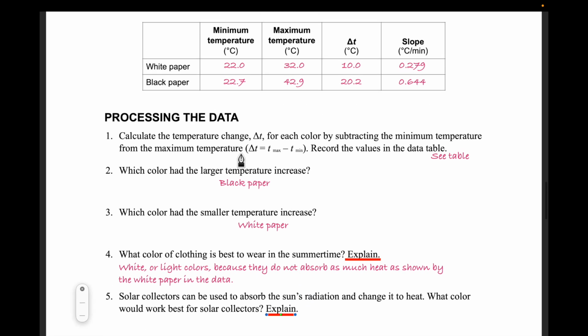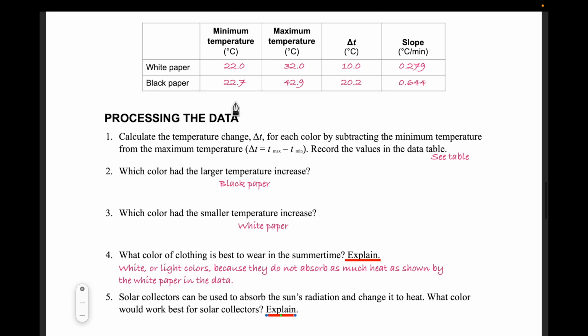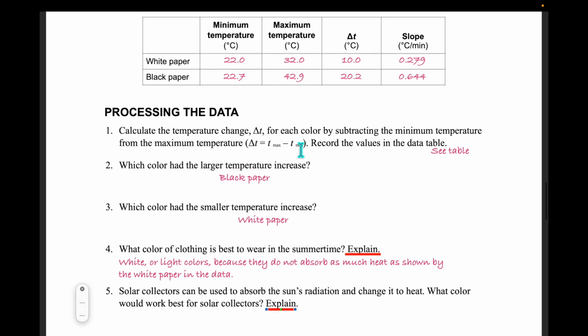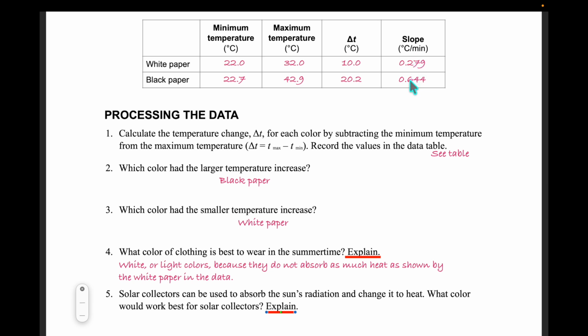But we can look at this and say, well, if we're trying to turn sunlight into heat, black or other dark colors would be our best option. Why? Because it heats up more and it heats up faster, right? This is showing it heats up about twice as fast. This is just showing it heated up about twice as much, really.